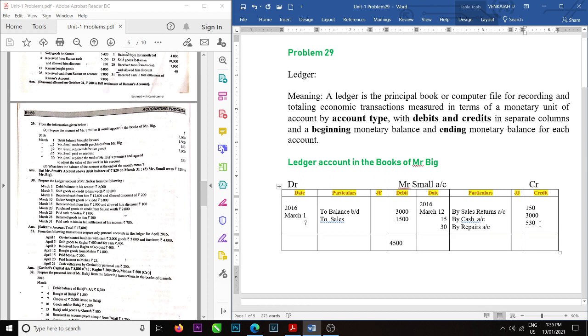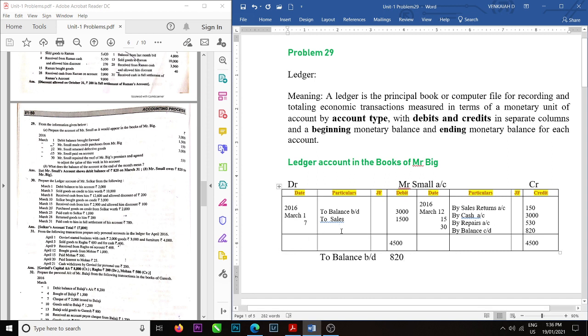Amount is 820. That is the balance. By balance carried on. Total is 4,500. So now the balance will be to balance brought down, 820.